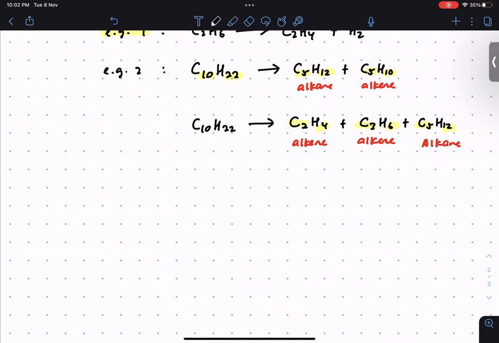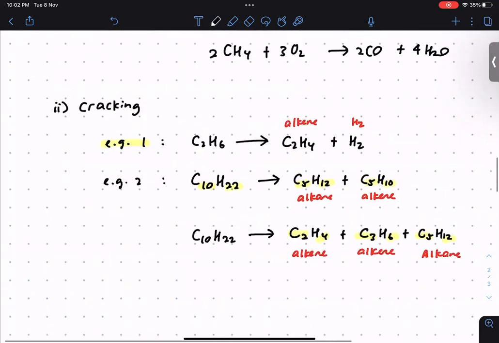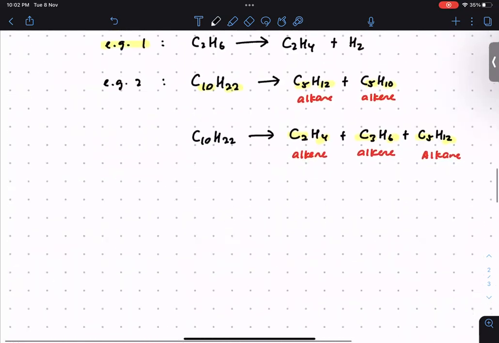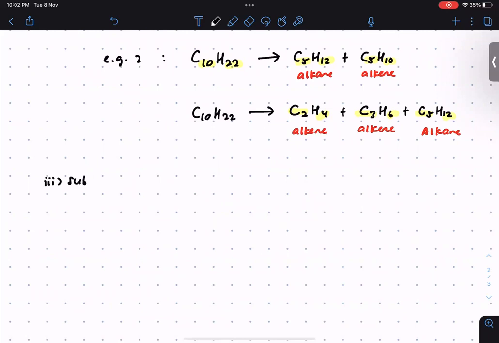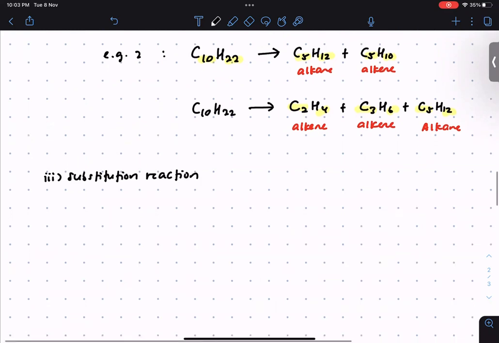So this will be the third reaction, which is substitution. Now, for substitution, there must be a catalyst present.